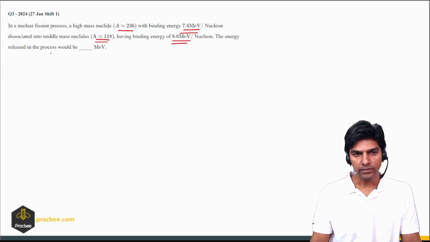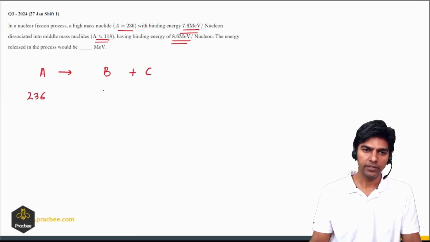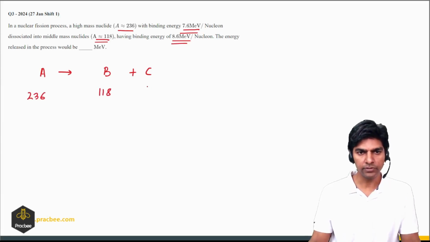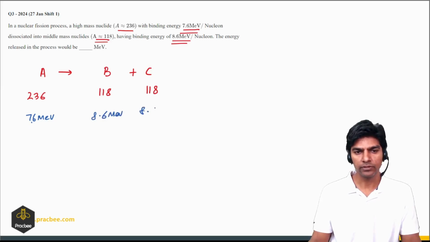The energy released in the process would be, so we have given say A, which splits up into B and C. A is having a mass number 236 and B is having a mass number 118 and C is also having a mass number of 118. And the binding energy per nucleon for A is given as 7.6 mega electron volt, and the binding energy for B and C per nucleon is given as 8.6 mega electron volt.